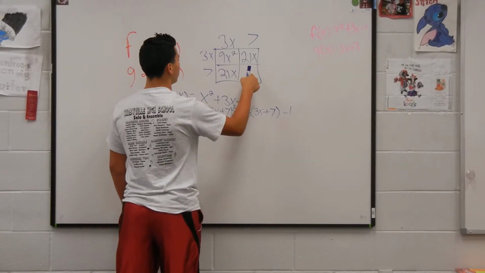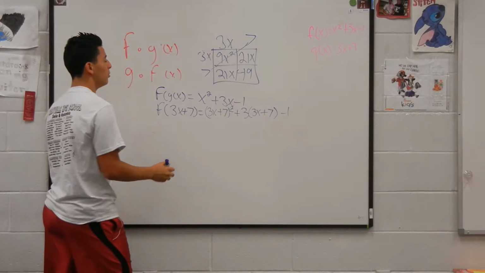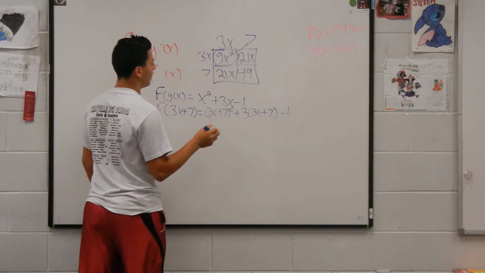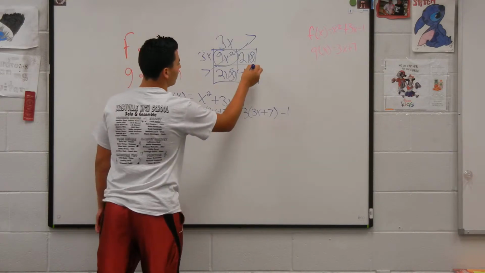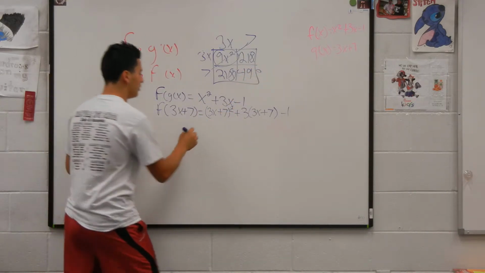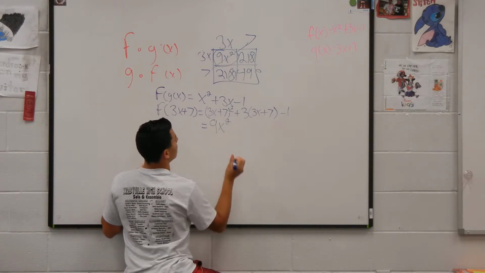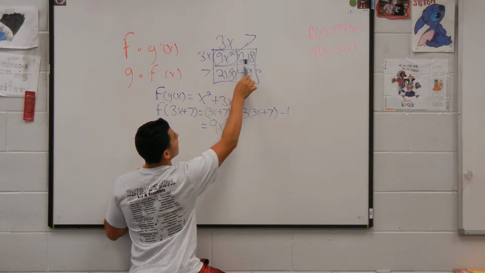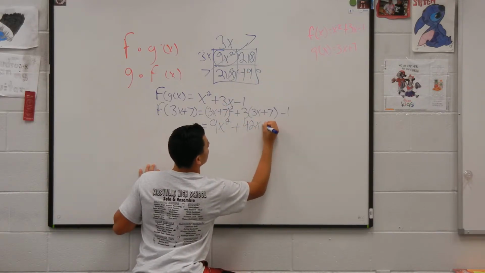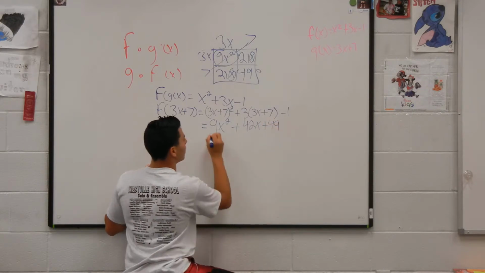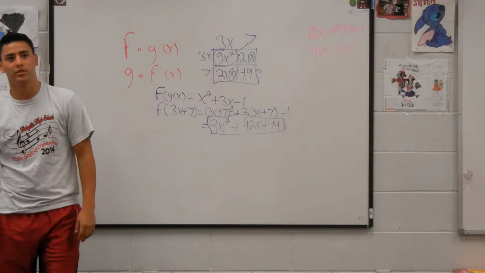And across, right here, would be 49. So you would just get the x squares together, the regular x's together, and then the regular numbers together. So it would equal 9x squared plus 21x plus 21x equals 42x plus 49. And that would be your answer for this quadratic and linear equation. All right?